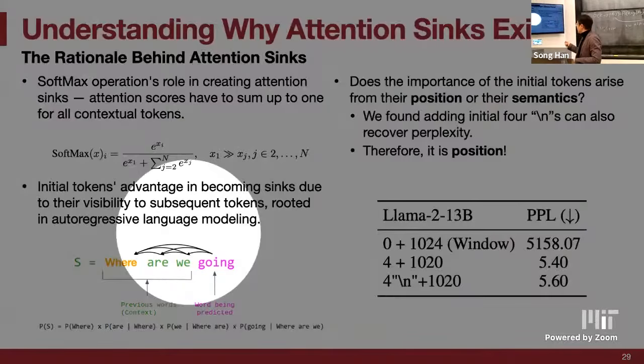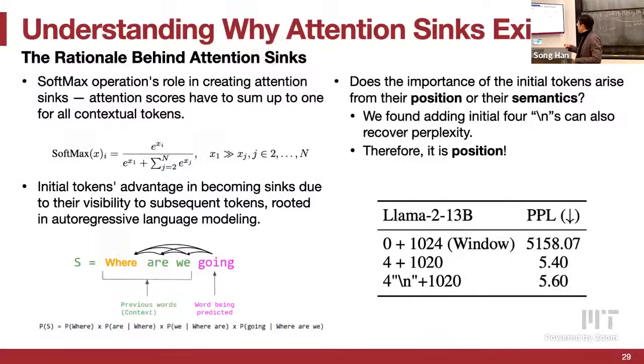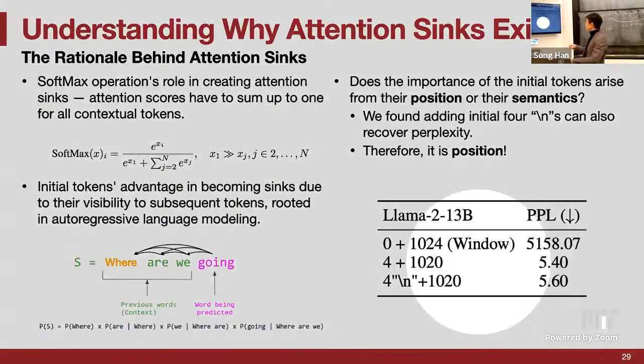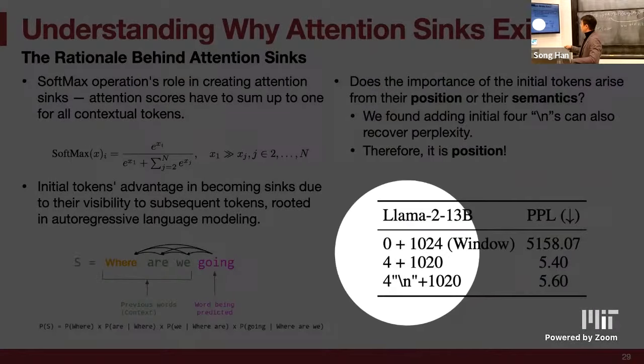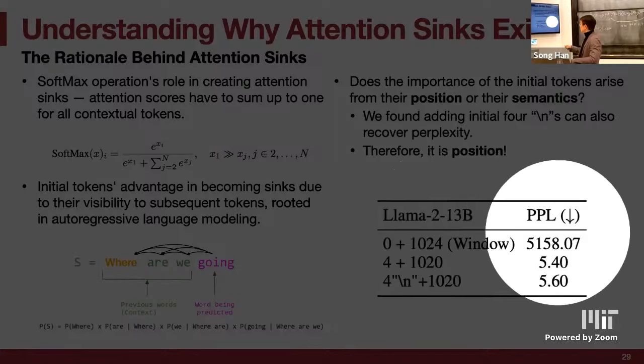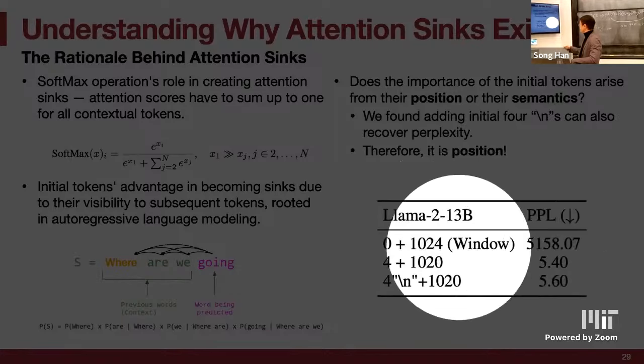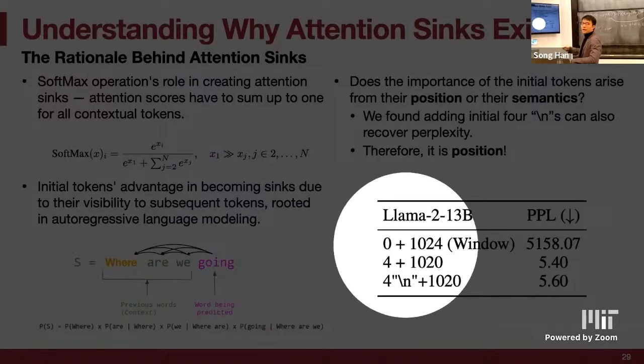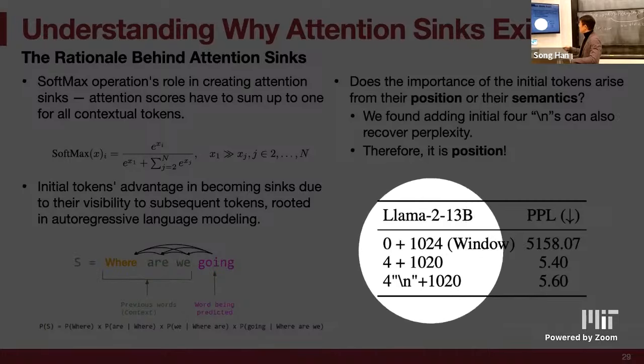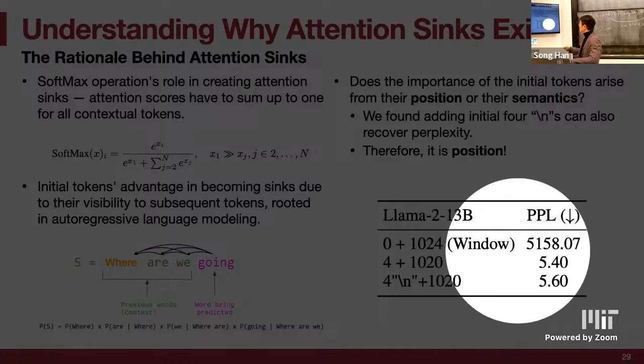So here we did an experiment. The window size here is 1K. If we have 0 attention sink tokens, the perplexity will explode to 1,000. If we have 4 attention sink tokens plus a 1020 window, the perplexity gets back to normal.